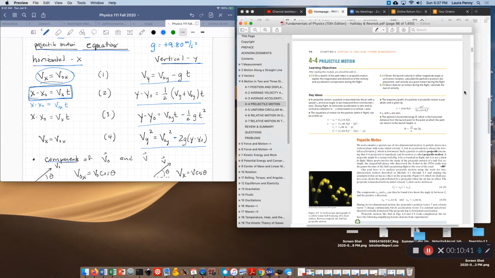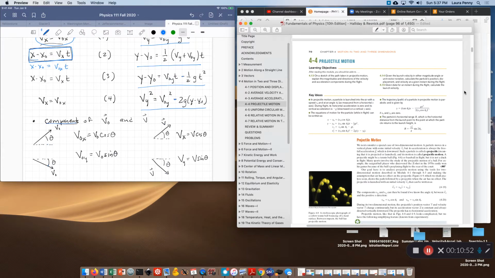Those subtractions tell me this gravity is acting down. Now all these subscripts of v naught x and v naught y and vy and vx are telling me that both v, the initial velocity, and the final velocity have components.